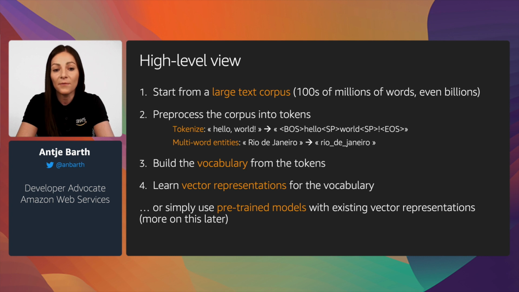We then build the vocabulary from those tokens and learn those vector representations. And if that sounds like a long and heavy process, it definitely is. But the good news is that you don't have to do that from scratch every time. You can actually leverage pre-trained models that already have those existing vector representations. And we're going to see more about this later.